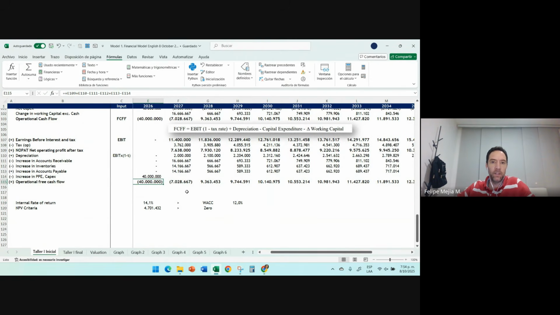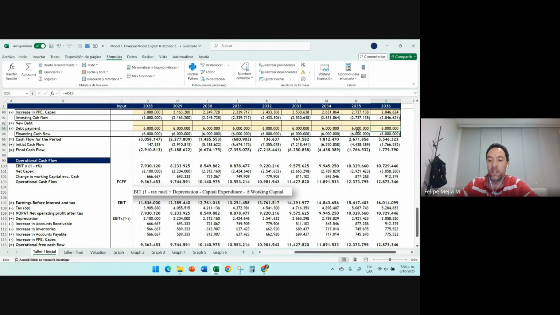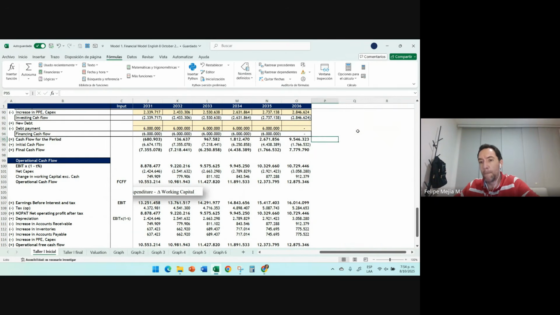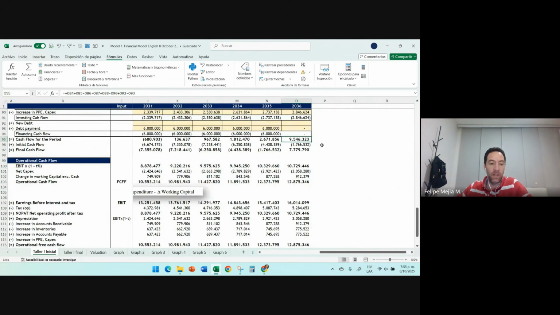And definitely, if a project has the ability to provide dividends, especially once they finish paying this amount of cash, then we have a project that when they finish the debt is going to be able to pay dividends of $9.54 million. And that's something we need to take into consideration. It's a very valuable project/company.